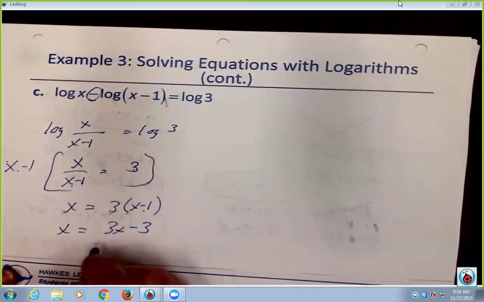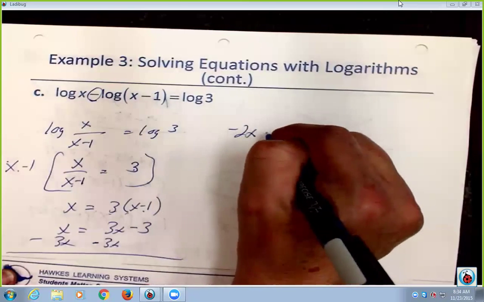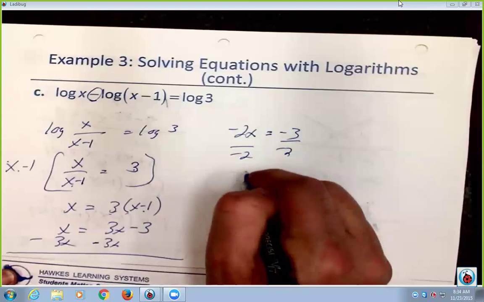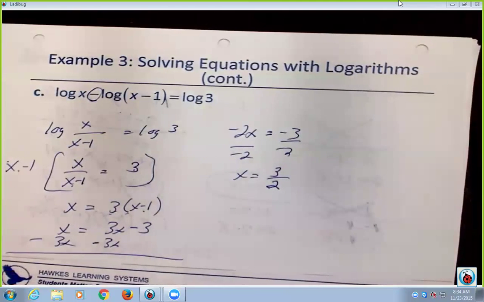Get all my x's together. Gives me a negative 2x is equal to a negative 3. Divide by negative 2 and find x is equal to 3/2. So that would be my solution for this one. So x would equal 3/2 when you're done with it.